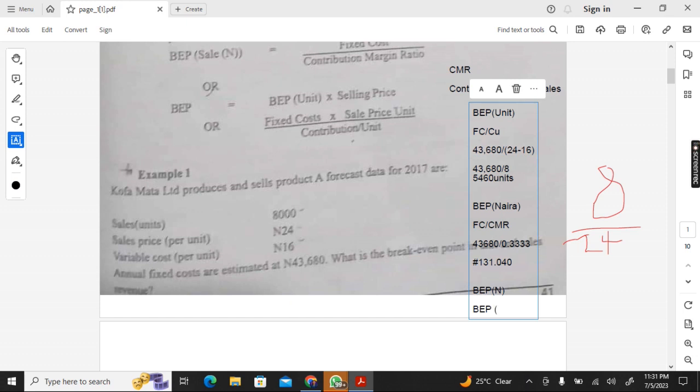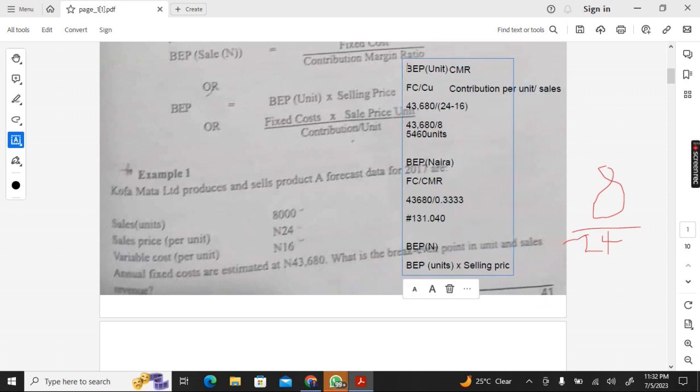The one we get in units, multiply by the sales price or selling price. Break-even point in units is 5,460 times 24.